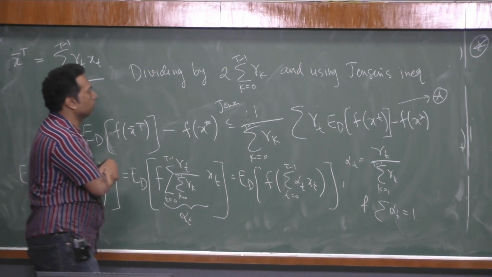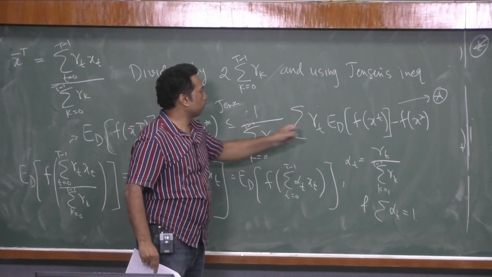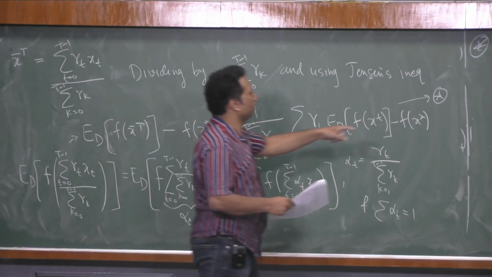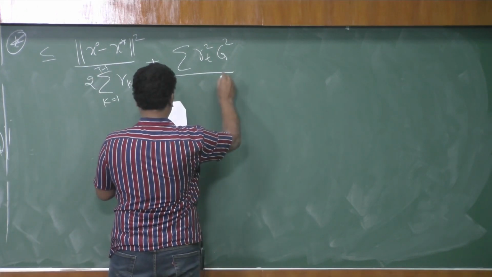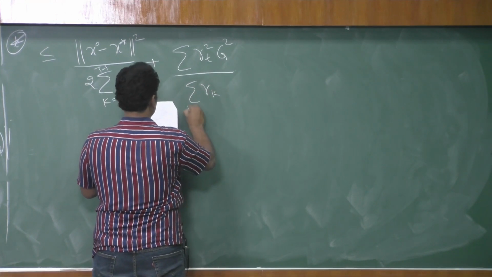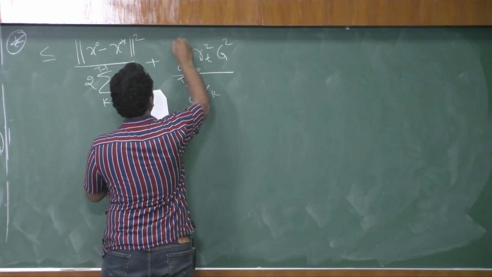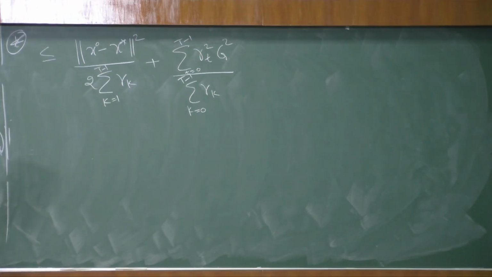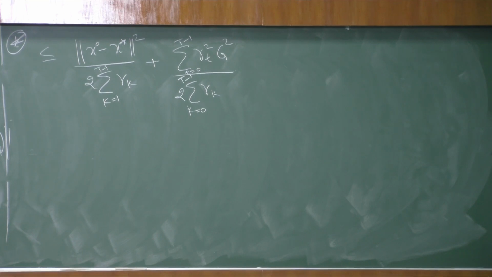So then we divide by this on both sides, and then we have these terms divided by the sum of gamma k, k equals 0 to t minus 1, and there was a 2 also. And this is what we were supposed to prove in the theorem, right?